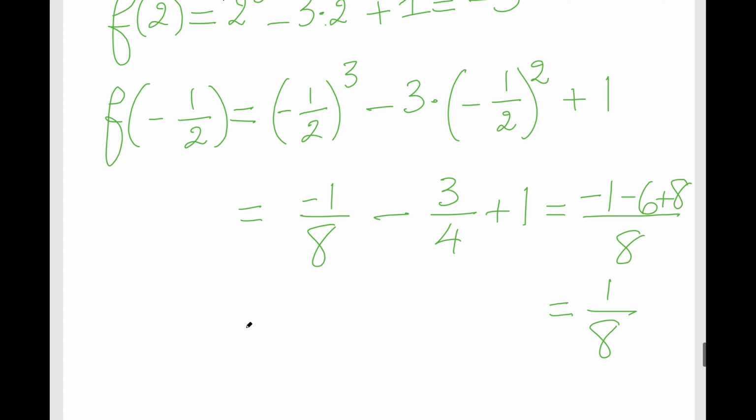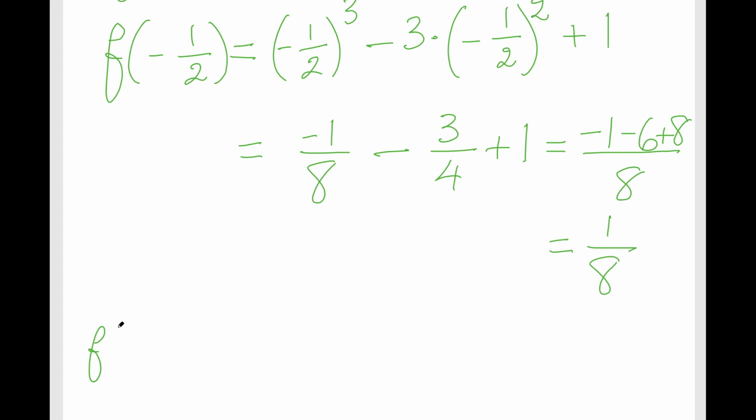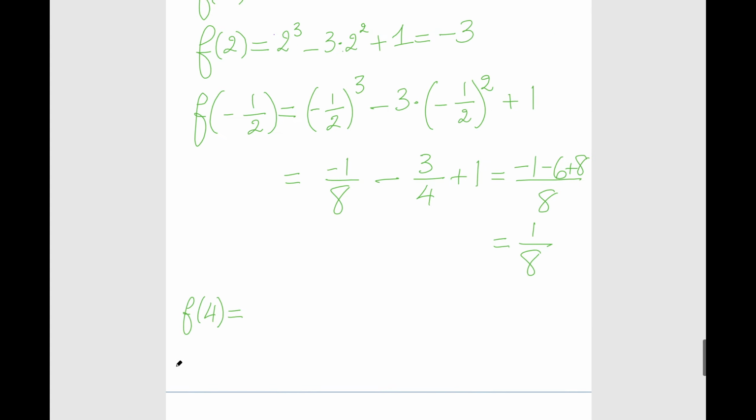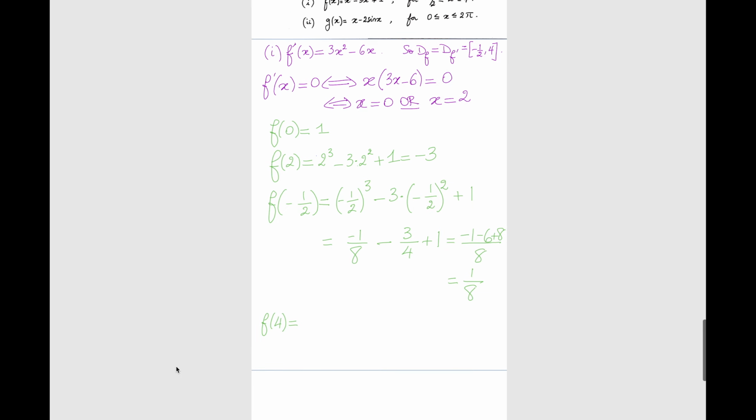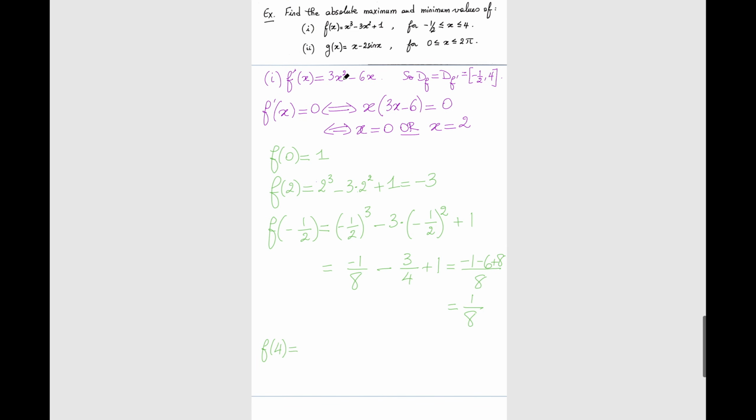F of 4 is what? Well, f of x is the cube of x, so this is going to be 4 cubed minus 3 times 4 squared plus 1.